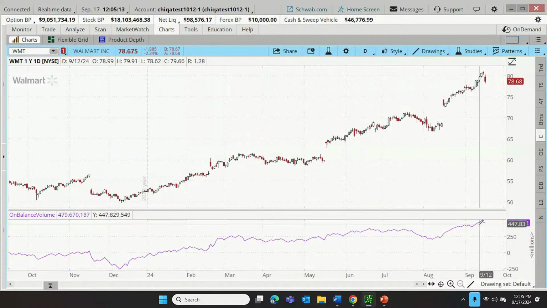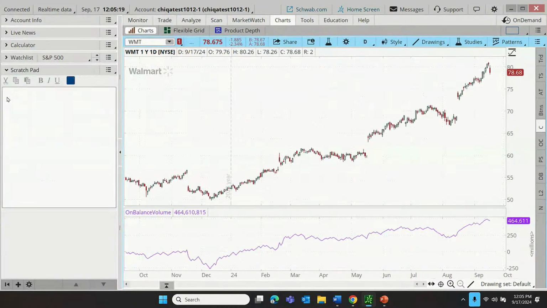But let's talk about how this is constructed. Let's go over here to our scratch pad. And you know me, I like to show the equations that generate our technical indicators, and sometimes they're fairly involved and they'll involve multiple steps. Not so much the on-balance volume. This is one of those indicators that's fairly straightforward. It comes down to one basic equation.